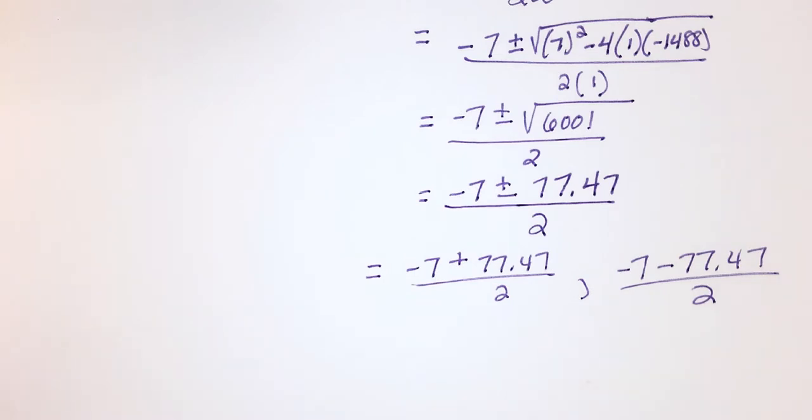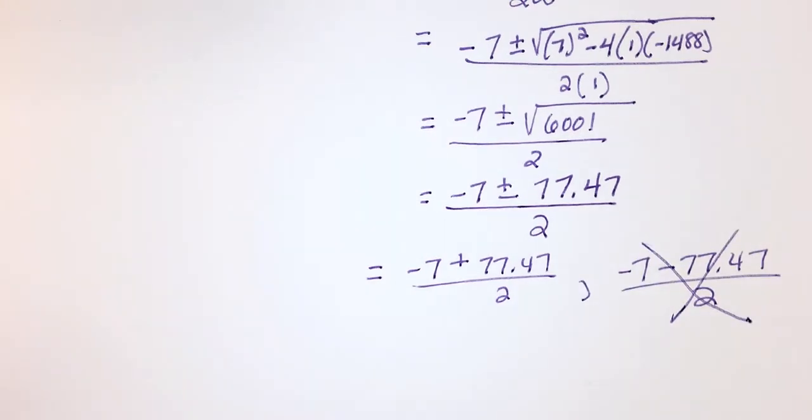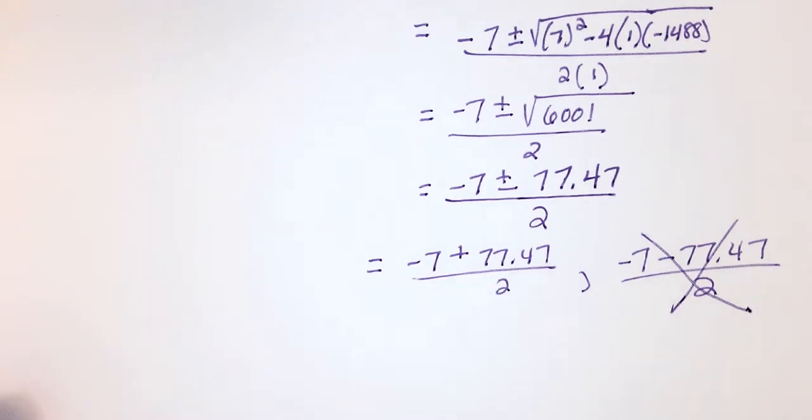And my problem is dealing in lengths. And you can't have a distance or a length that is negative. We don't live in that world. So this option is not even valid for this problem. We're only considering the positive here, what turns out to be positive.